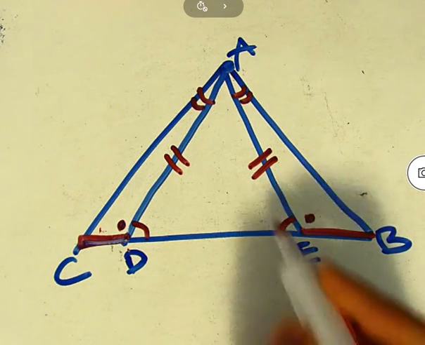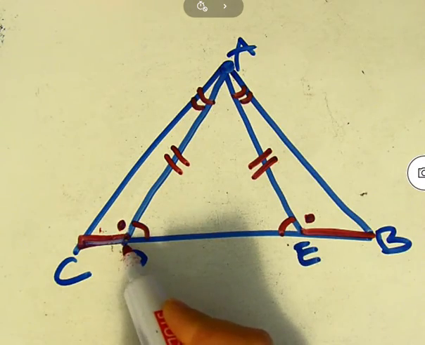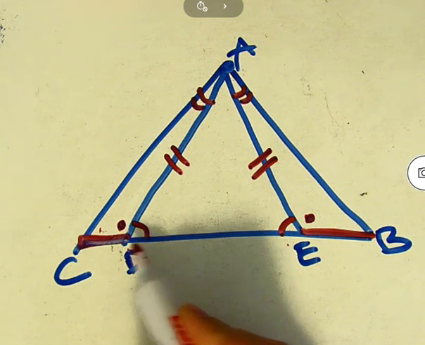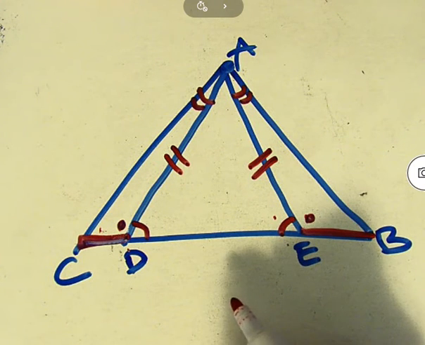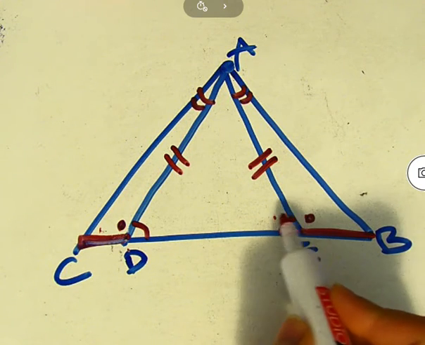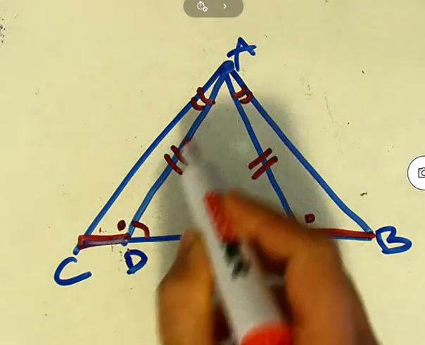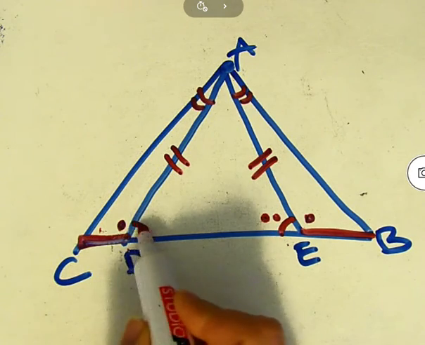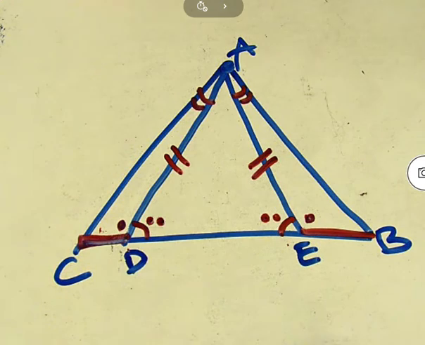We can identify AEB as an angle and AED as another angle to be a linear pair by definition of linear pair, which says these 2 angles are supplementary because of the linear pair postulate. Therefore, this is supplementary to this angle. And then I can say ADC and ADE as angles are also a linear pair, therefore they're supplementary by the linear pair postulate.